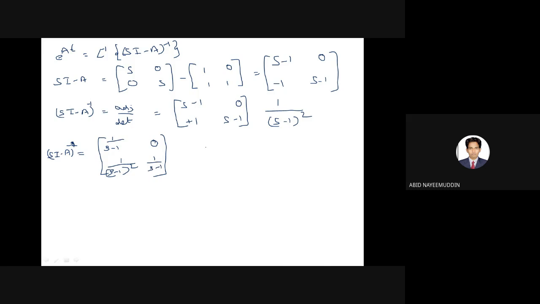Next you need to apply the inverse Laplace transformation to this expression. Then you are going to get e power at.